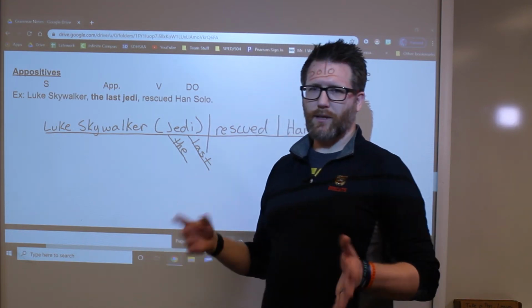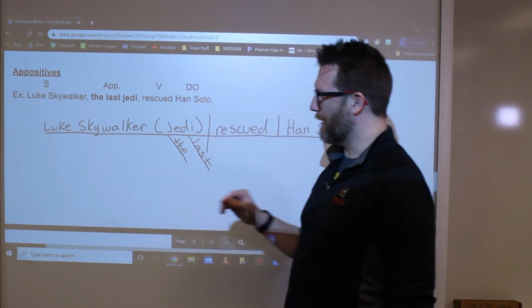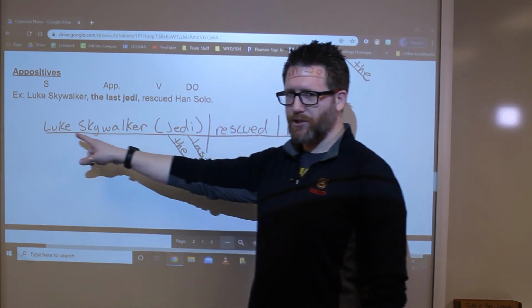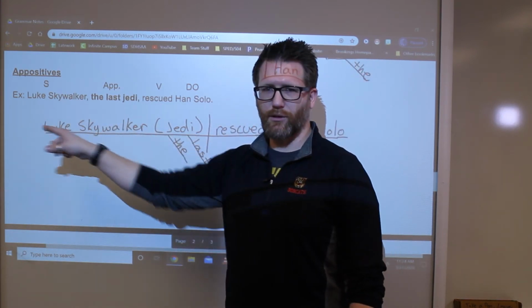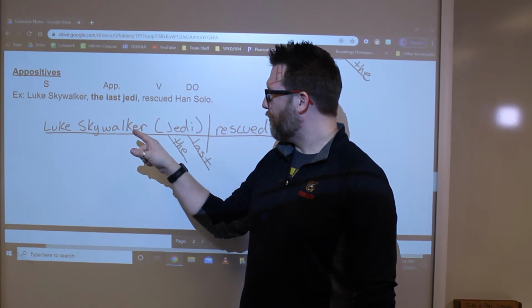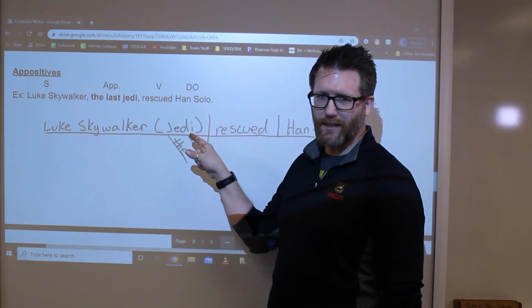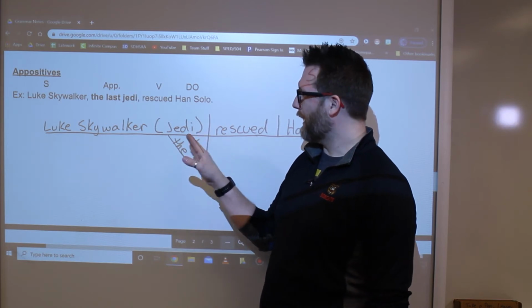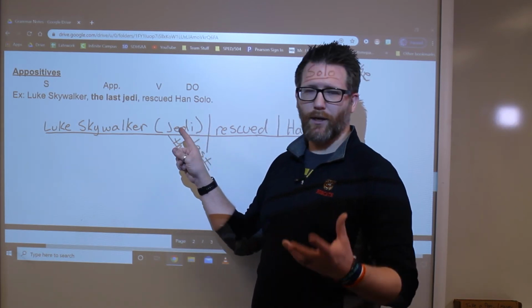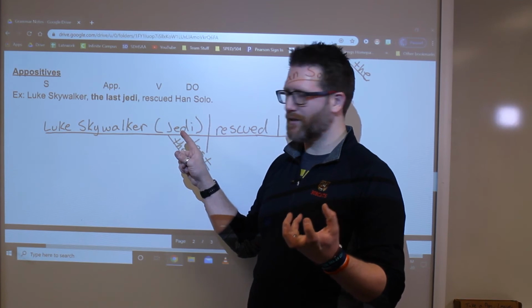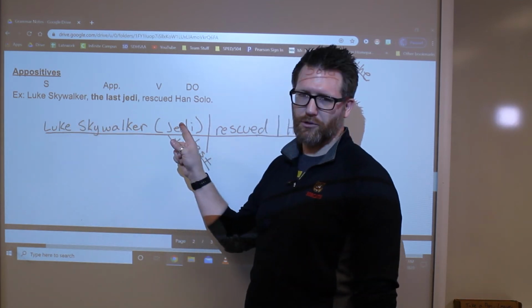So this gets a little weird. When we're diagramming this, our subject is still Luke Skywalker. But right after it, you need to have parentheses for the appositive, and you only put the noun that it describes: Luke Skywalker, Jedi.